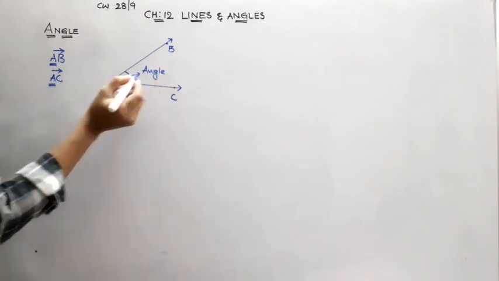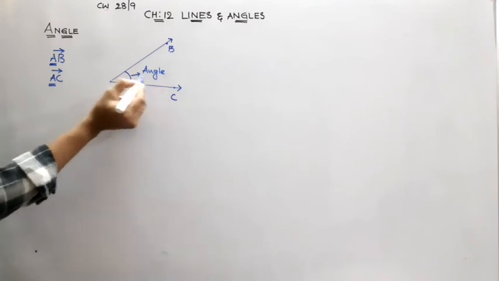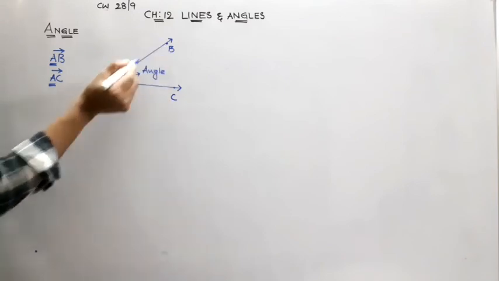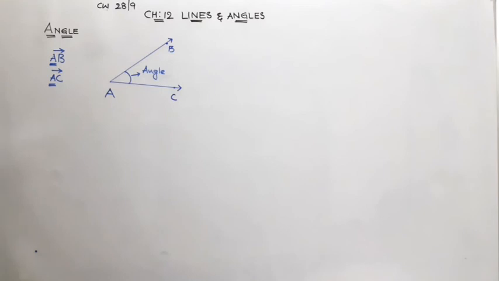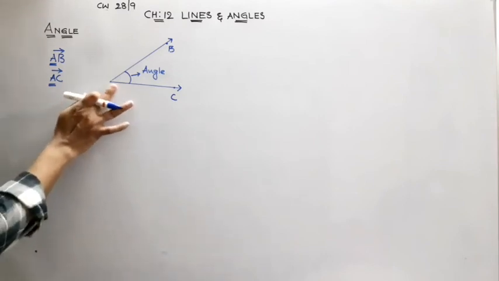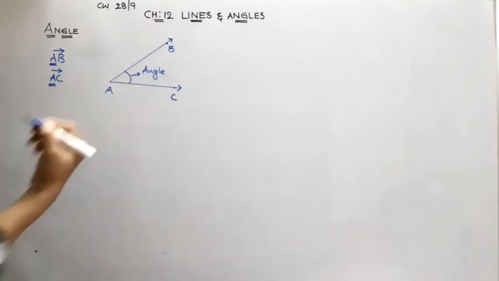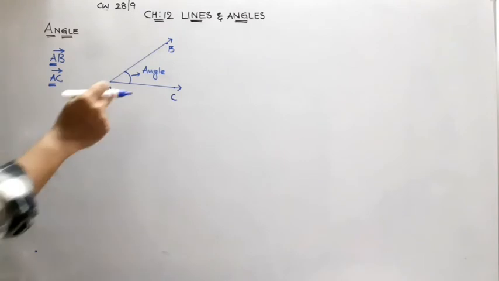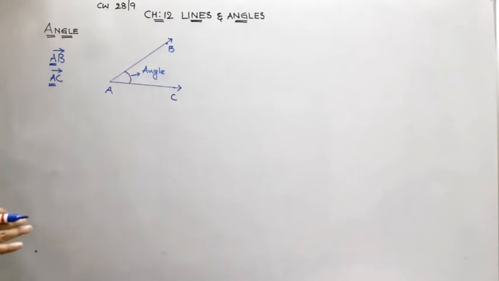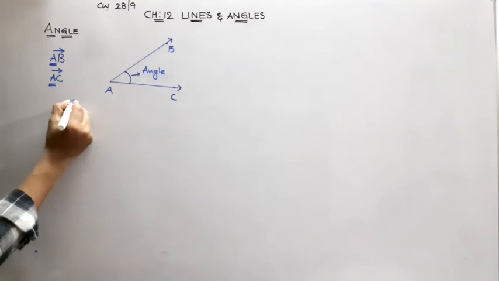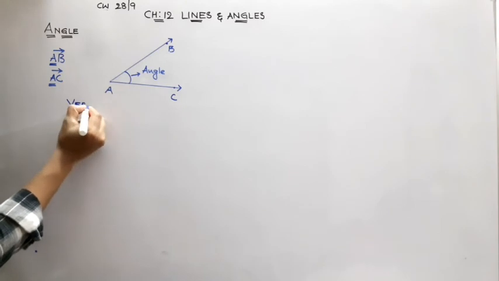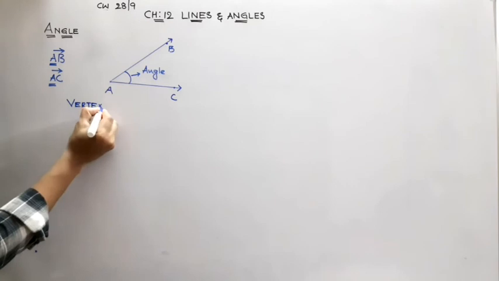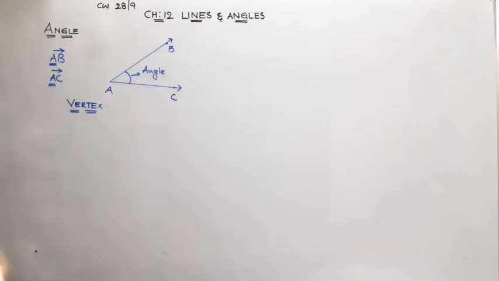When two rays with the same initial point in different directions form a figure like this, we call it an angle. Now, naming an angle is important, children. Now, look. This angle has two parts. One is the vertex. What does a vertex actually mean?